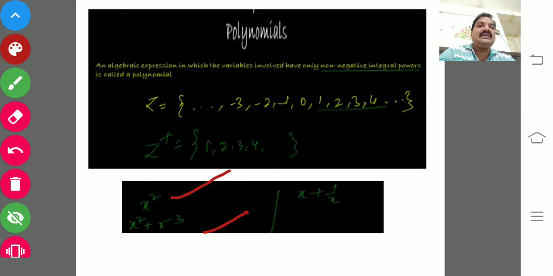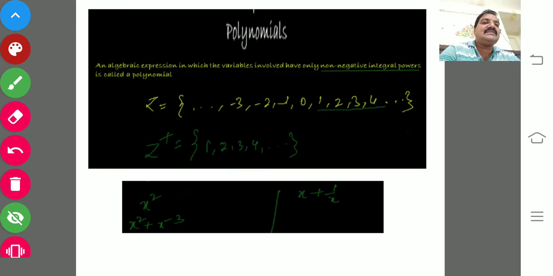Of course it's a binomial, but it's not a polynomial. Why? According to the definition, an algebraic expression in which the variables involved have only non-negative integral powers. But here a negative power is there, minus 3. That's why it's not a polynomial.